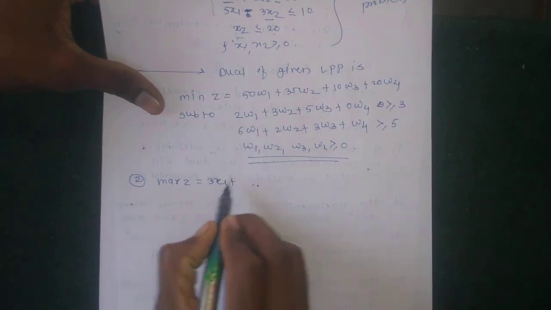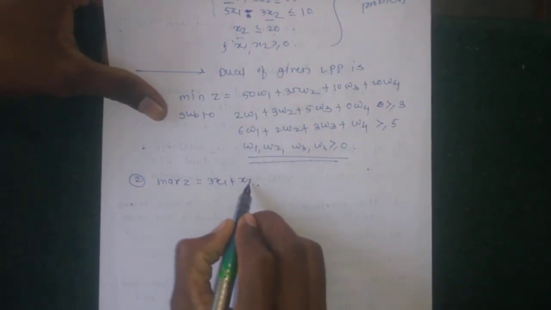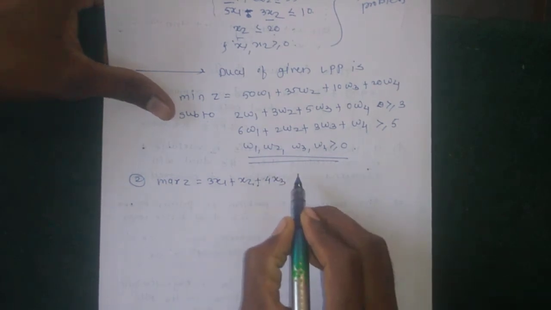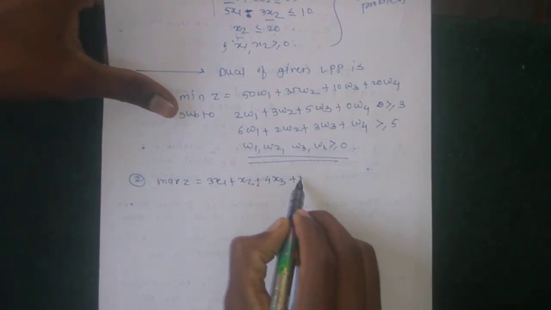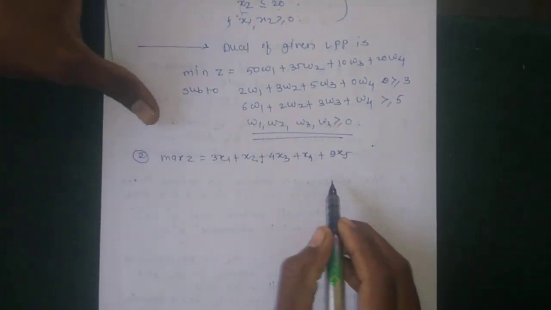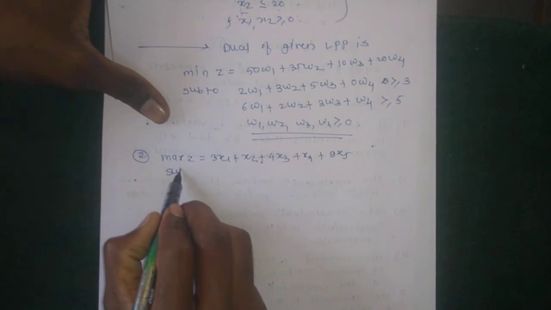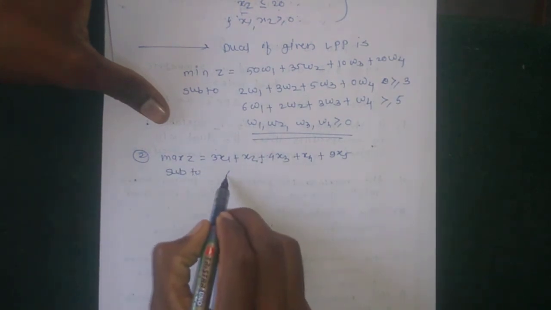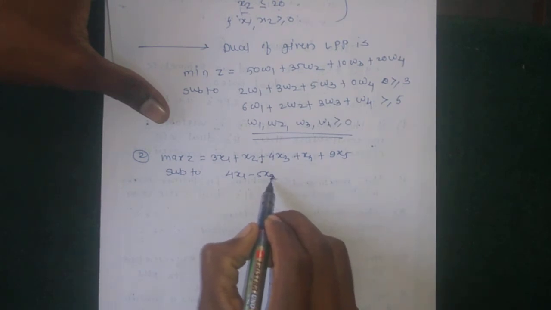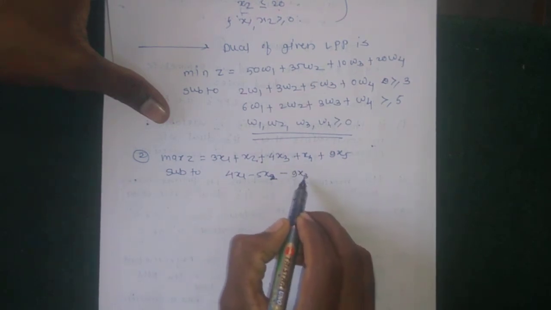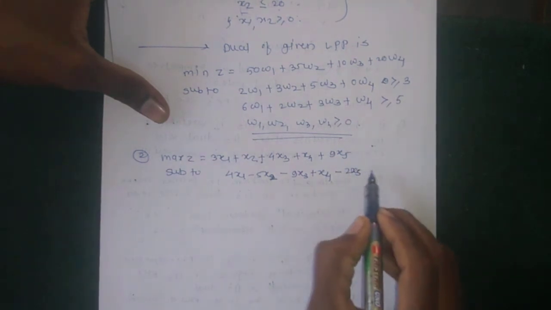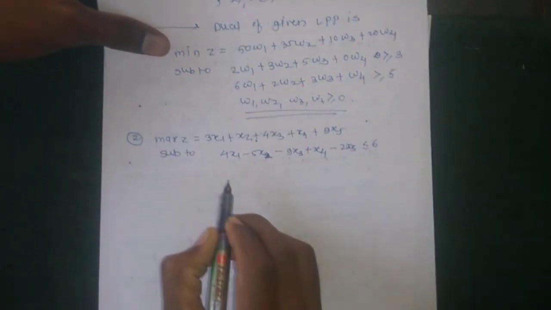So the next problem is maximize z equal to 3x1 plus x2 plus 4x3 plus x4 plus 9x5. Here the number of variables is 5, and subject to the constraints: 4x1 minus 5x2 minus 9x3 plus x4 minus 2x5, which is less equal 6.